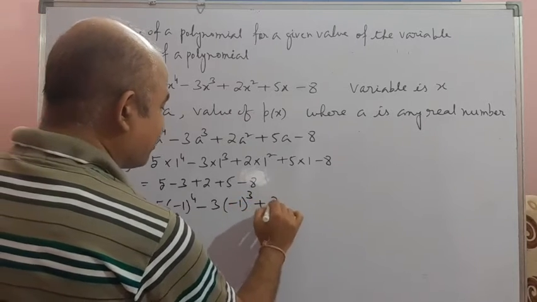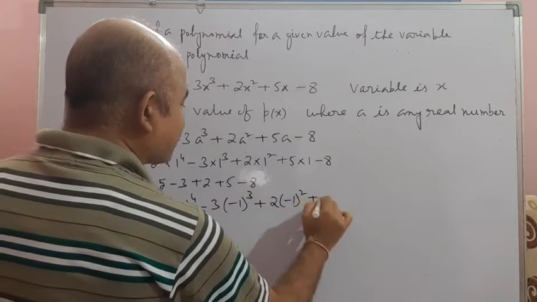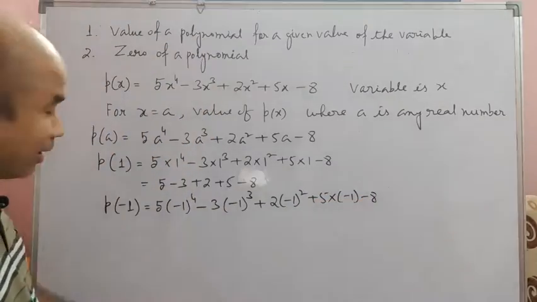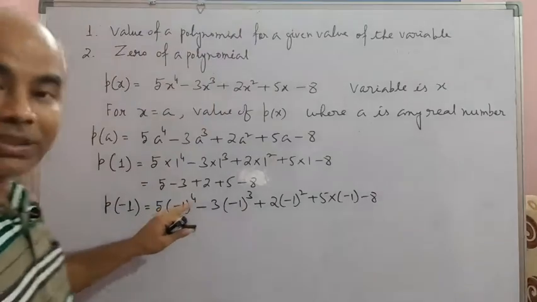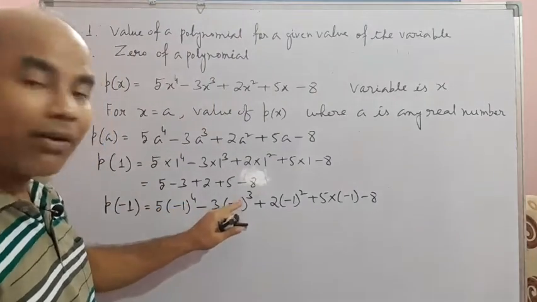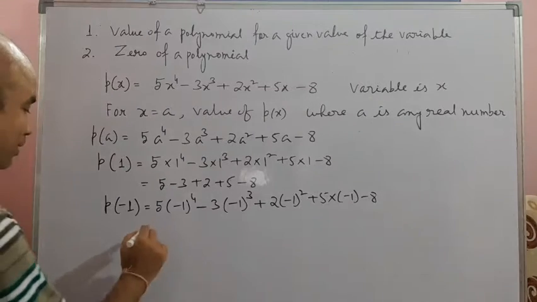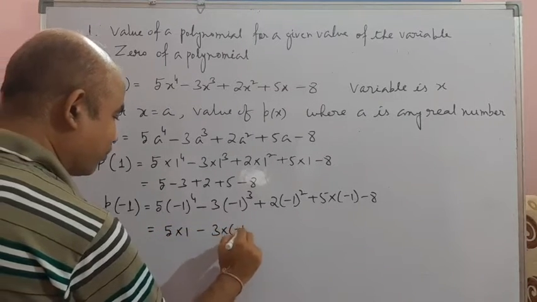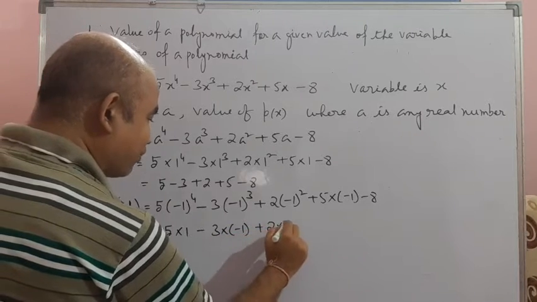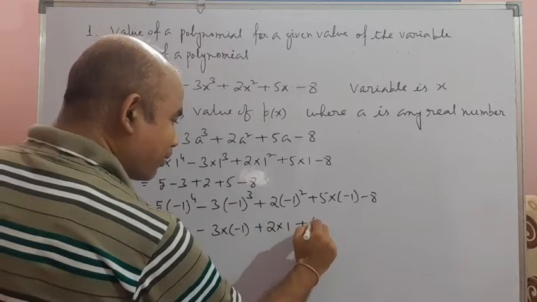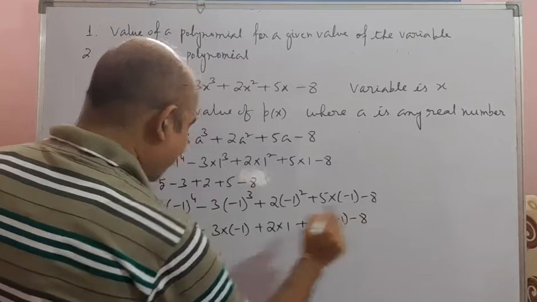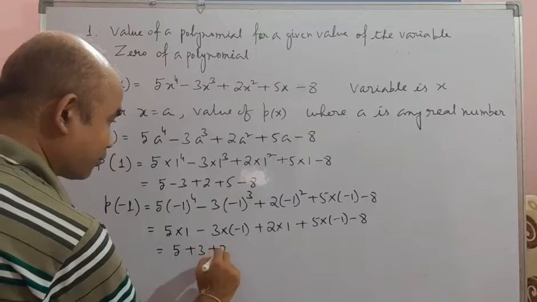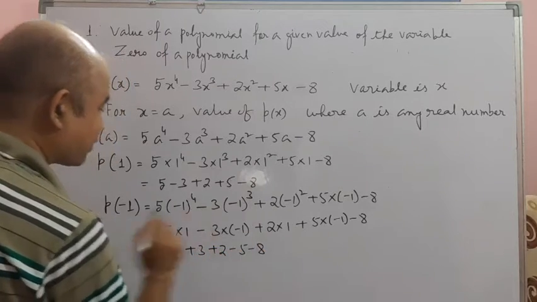Then plus 2 into (minus 1) square, plus 5 into minus 1, minus 8. When it is minus 1, if the power is even it is plus 1, and if the power is odd it is minus 1. So it is 5 into plus 1, 3 into minus 1, 2 into plus 1, 5 into minus 1. Ultimately we have plus 5 plus 3 plus 2 minus 5 minus 8.